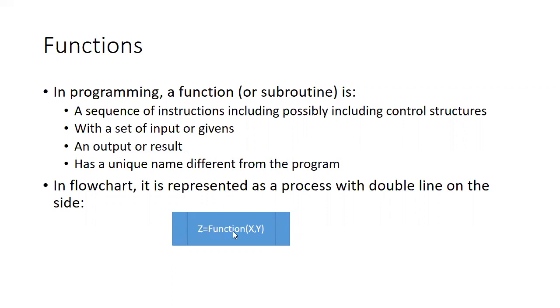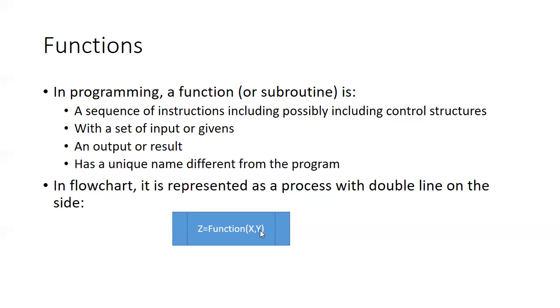Now when it has been nicely labeled, it shows us the way that we're going to represent our functions in Python. We have a variable z, which is assigned a value, which is output or returned from a function, which is called function. You'd never call a function that, right? The word function would be replaced by some word that you had made up, which describes what that function does. So it wouldn't be called function.